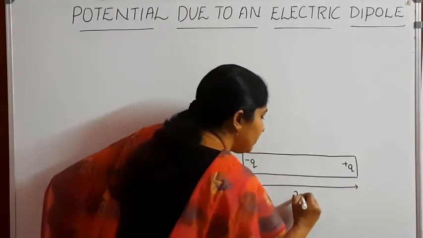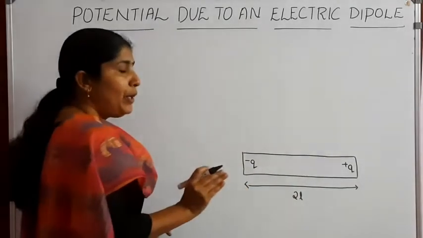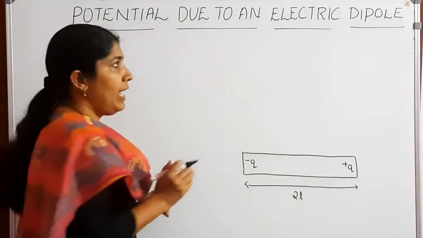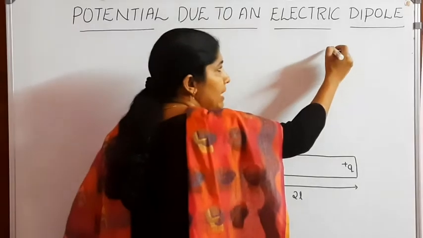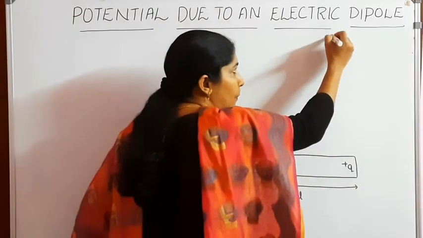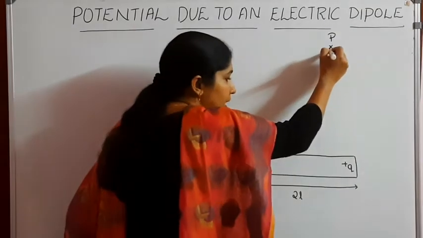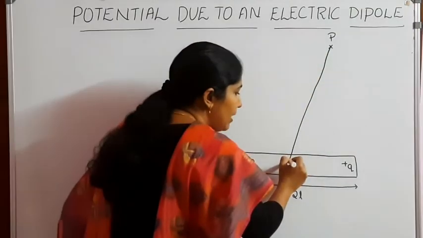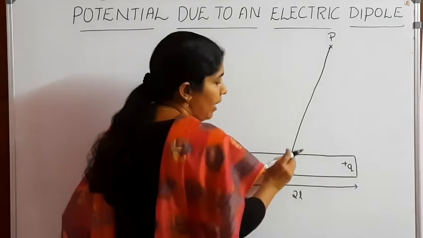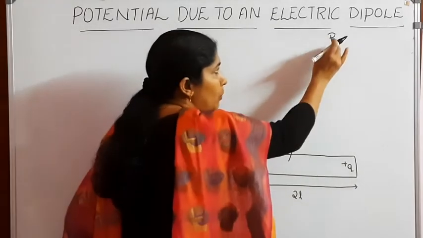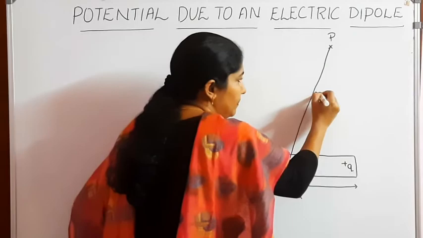We want to find the potential at a point due to this dipole. For this, we take a point P, which is at a distance r from the center of the dipole.